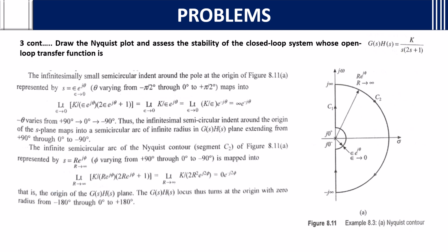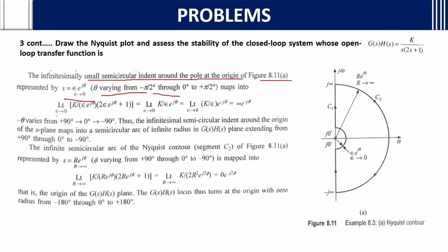From those 4 points, the infinitely small semicircular indent around the pole at the origin in 8.11a is represented by s equals e power j theta, where theta varies from minus pi by 2, that is minus 90 degree, through 0 to plus 90 degree.